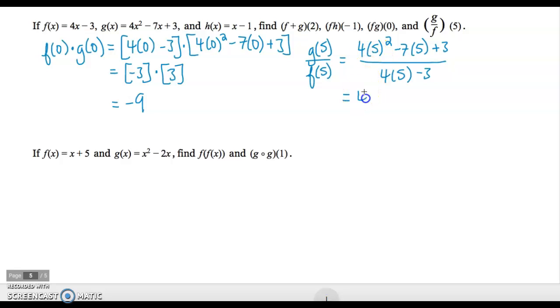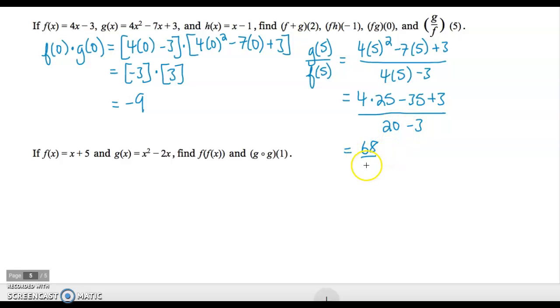All right, 5 squared is 25. -7 times 5 is -35 plus 3, all over 4 times 5 is 20. And then if I do 4 times 25, that gives me 100. 100 minus 35 gives me 65, and 65 plus 3 gives me 68.